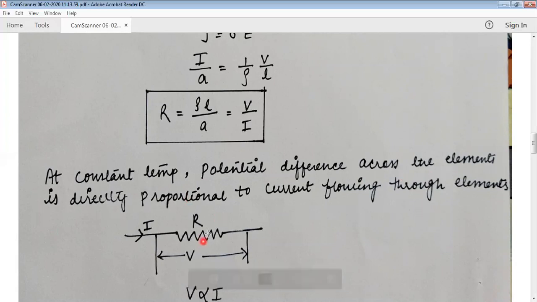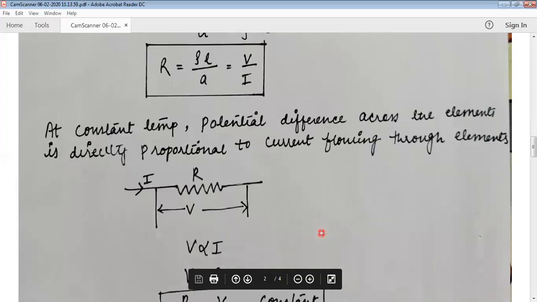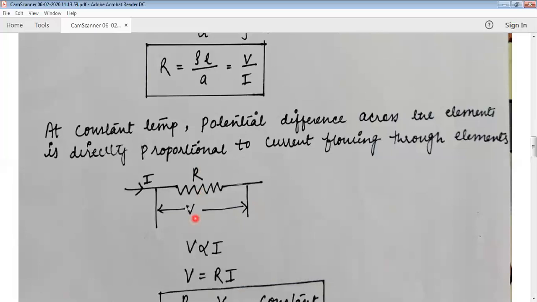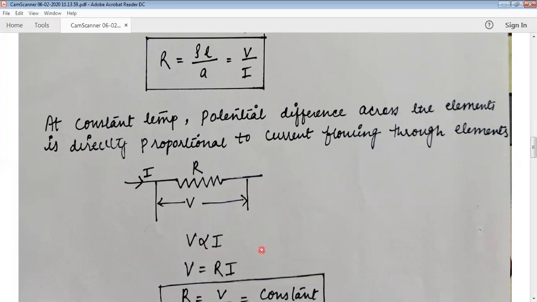Here, let's say the element I have taken is a resistor, and the resistance is R. The potential difference across that resistor is V, and the current flowing through it is I. So at constant temperature, this potential difference is directly proportional to the current flowing through the element. This is also Ohm's law.